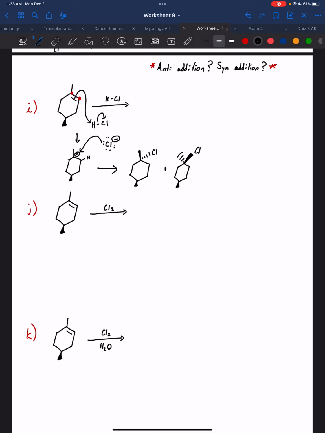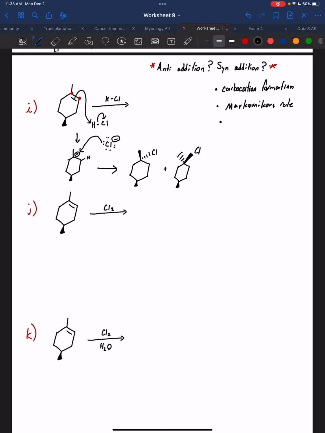And so some notes for this one is you have carbocation formation. You follow Markovnikov's rule. And again, make sure to say what Markovnikov's rule is. You just put the hydrogen to the least substituted carbon atom to allow for the most stable carbocation.